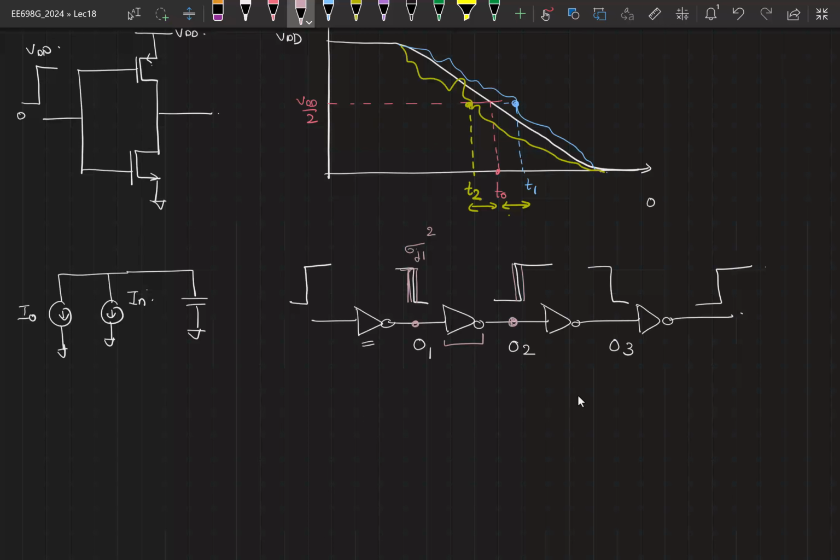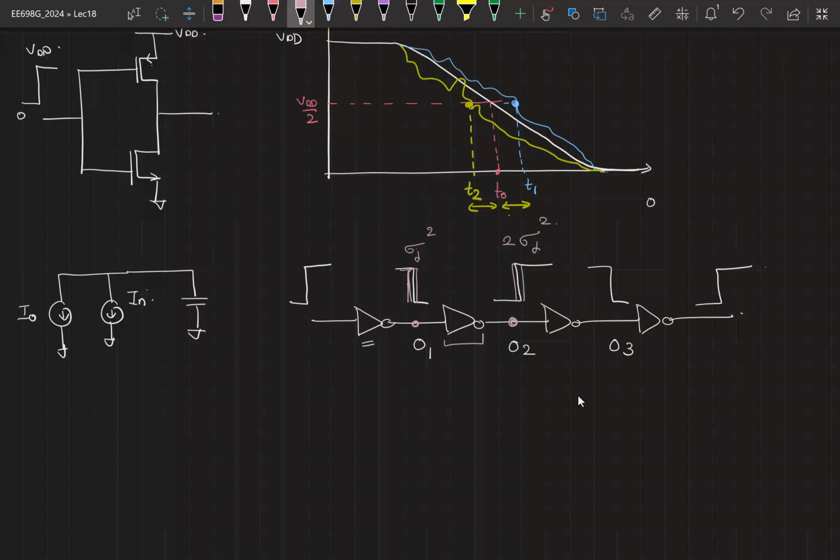So it's going to pass on whatever jitter it has seen. On top of it, the inverter is adding its own jitter. Now these two events are uncorrelated, they are independent. Therefore, the jitter here is going to add in power. So it will be twice of sigma j square. Whatever is the sigma j seen here, provided you are operating at the same temperature, the thermal noise PSD of the transistors are going to remain the same.